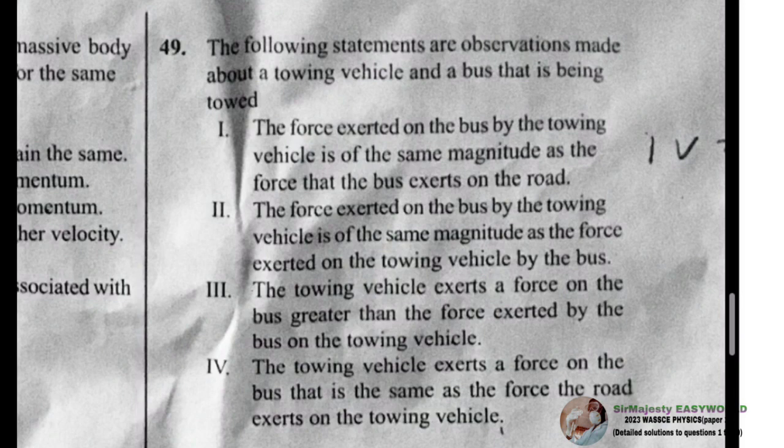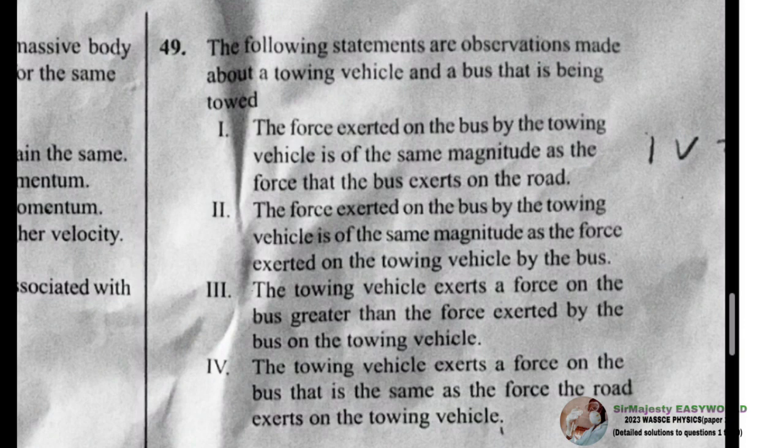The force exerted on the bus by a towing vehicle is of the same magnitude as the force exerted on the towing vehicle by the bus. The towing vehicle exerts a force on the bus greater than the force exerted by the bus on the towing vehicle. The towing vehicle exerts a force on the bus that is the same as the force the road exerts on the towing vehicle.